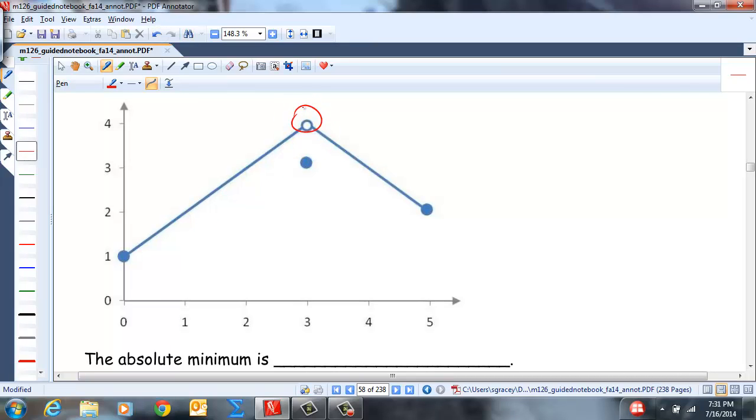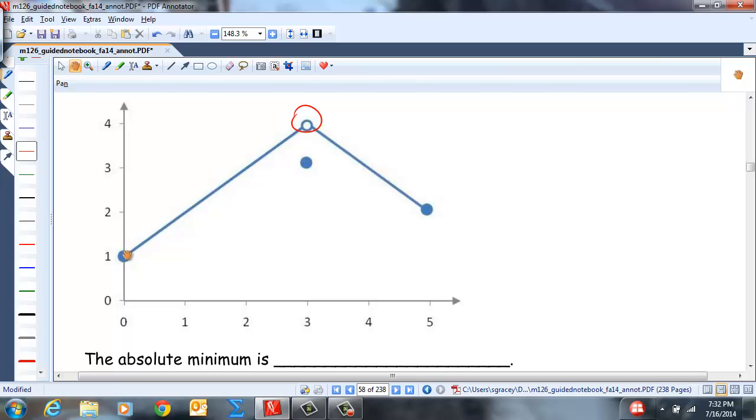Do you see, and we learned about this in calculus, that as you go from left to right, there's a jump down here. This ordered pair, which is 3, 4, is not an ordered pair on the graph. The function evaluated at 3 is actually 3, this value here, because that's the ordered pair 3, 3.